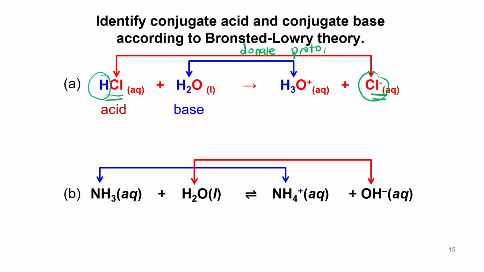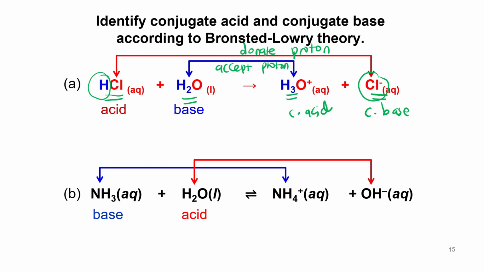So kalau donate proton dia ialah conjugate base. Okay, for H2O compare with H3O+. So initially kita ada 2 hydrogen, after react kita ada 3 hydrogen. So meaning this species accepts proton. So kalau dia accept proton dia ialah conjugate acid.